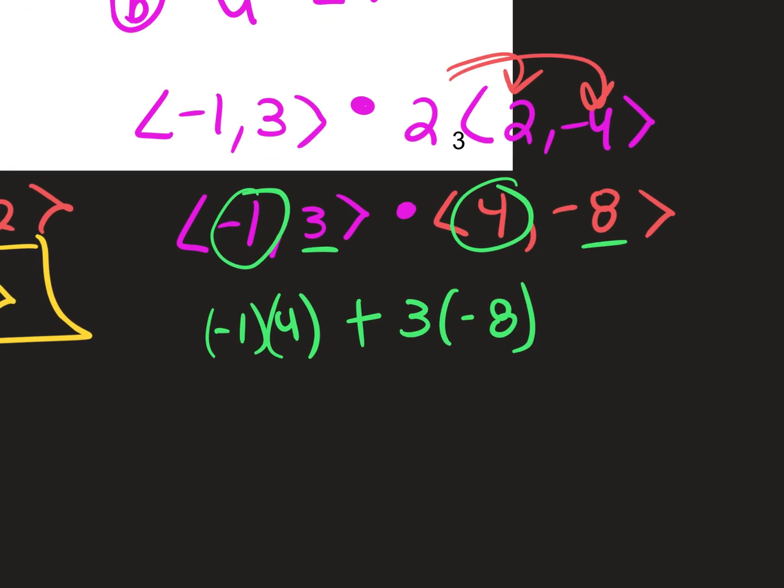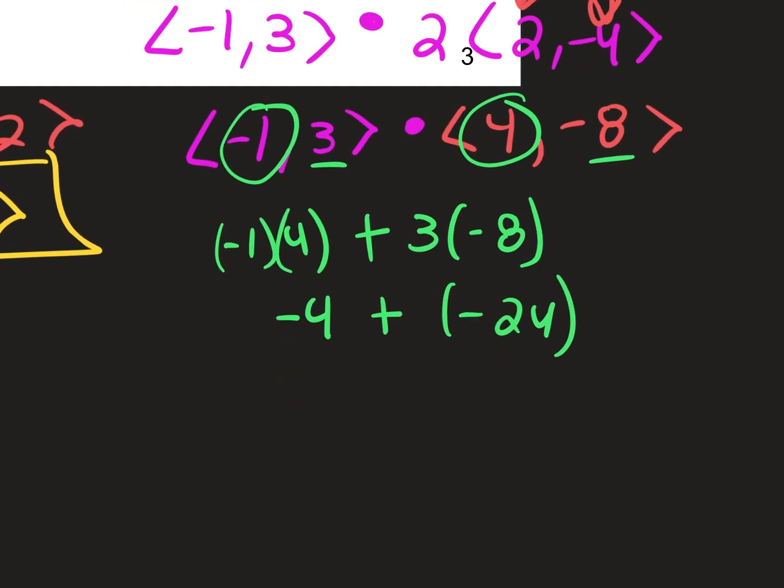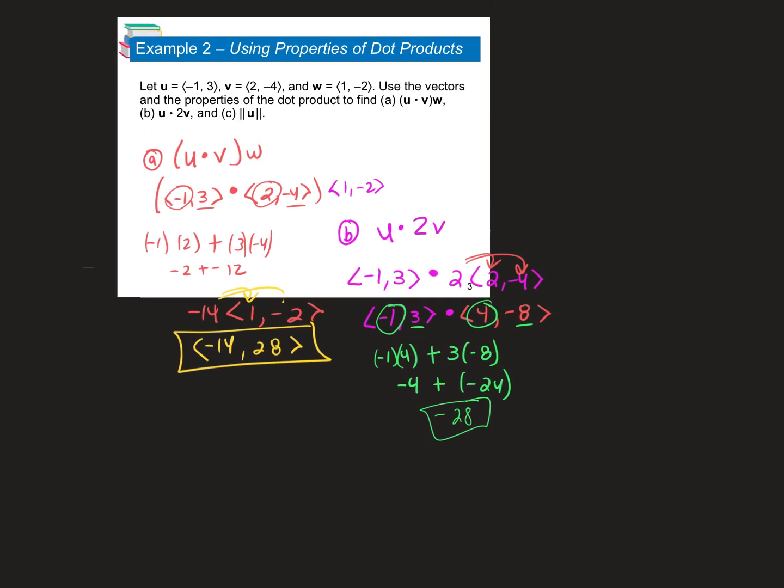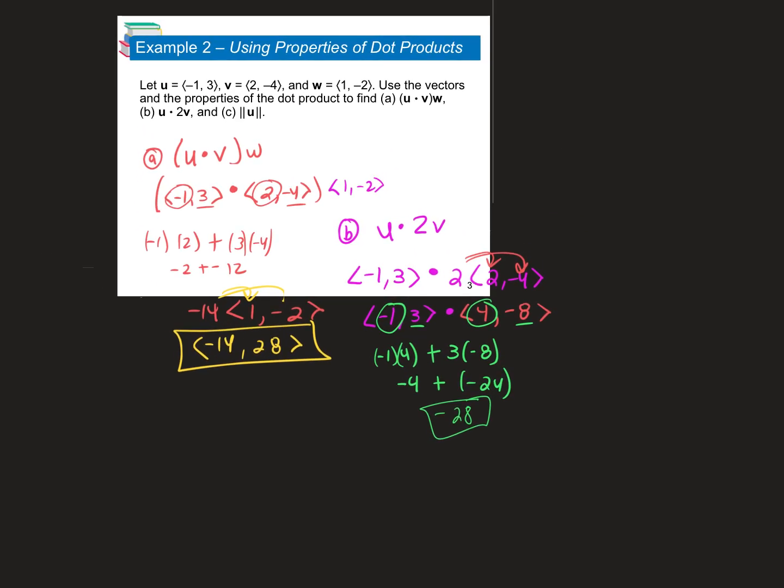What's -1 times 4? -4 plus what's 3 times -8? -24. So what is my answer? -28. Are these two vectors orthogonal? No. What would my answer to my dot product be if they were orthogonal? It would be 0. Good.